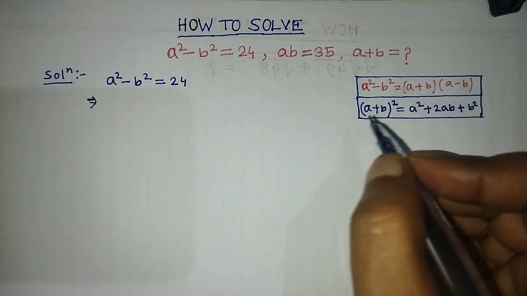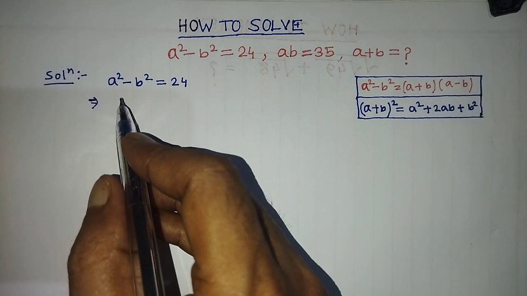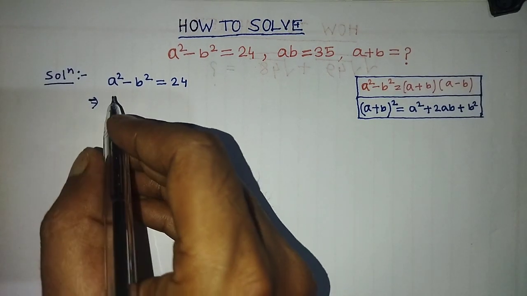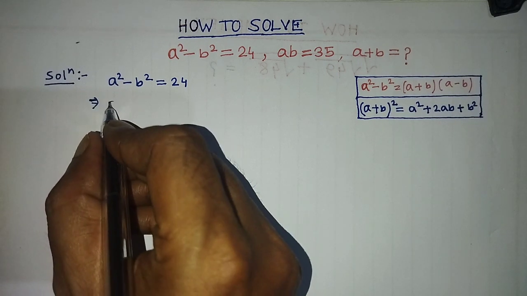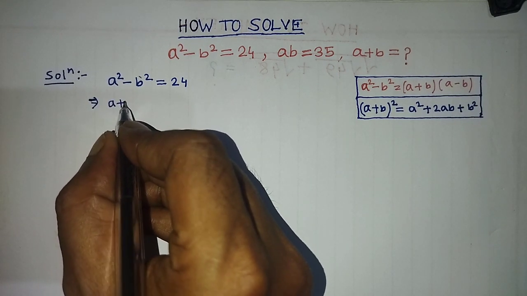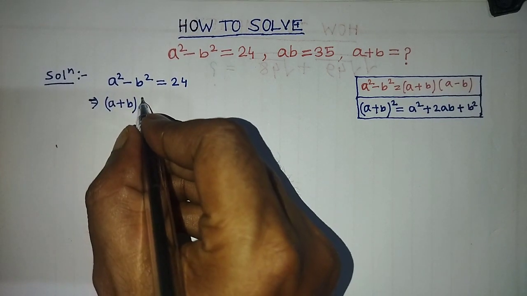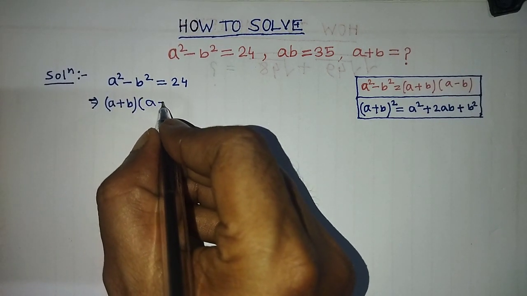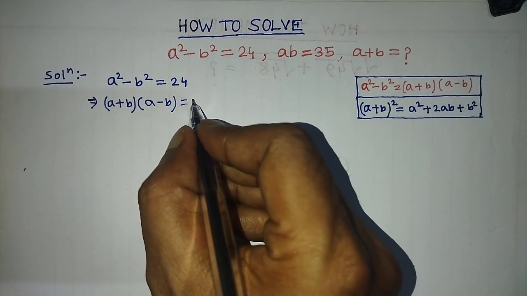After applying this formula on the left hand side, we can write a plus b into a minus b is equal to, on the right hand side again we write 24.